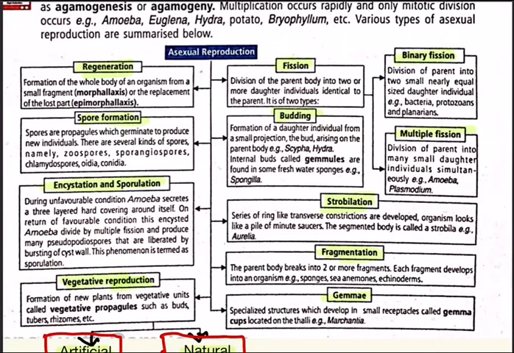It is the division of a parent into two small, nearly equal-sized daughter cells. Normally bacteria, protozoans and planarians undergo binary fission.